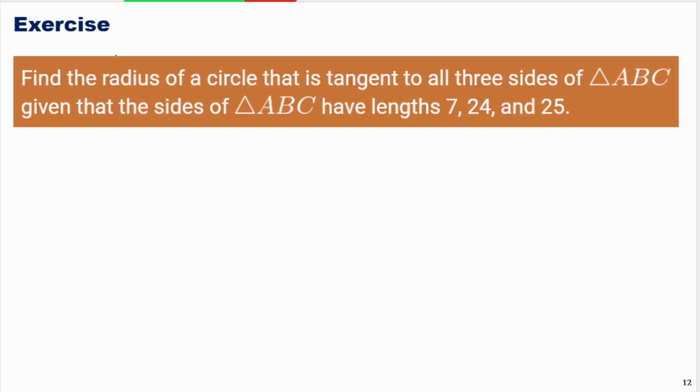Okay, consider a quick example here. Find the radius of the circle that's tangent to all three sides of triangle ABC, given that the sides of ABC have lengths 7, 24, 25.